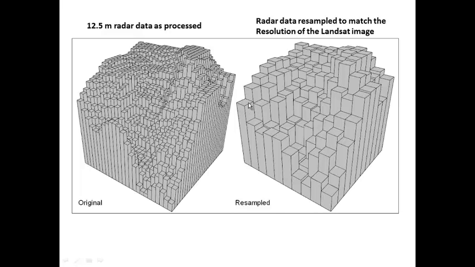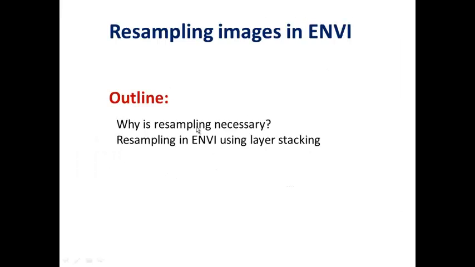And that's going to involve typically averaging or weighted averaging several pixels from the radar image and assigning that value to a single empty 30 meter pixel that's laid out on the same grid as the Landsat image. So that covers why resampling is necessary. Now let's head to ENVI, and I'm going to show you how to use the layer stacking tool to do this resampling.